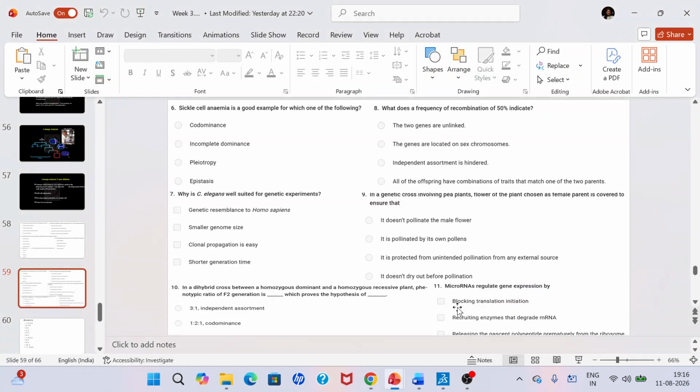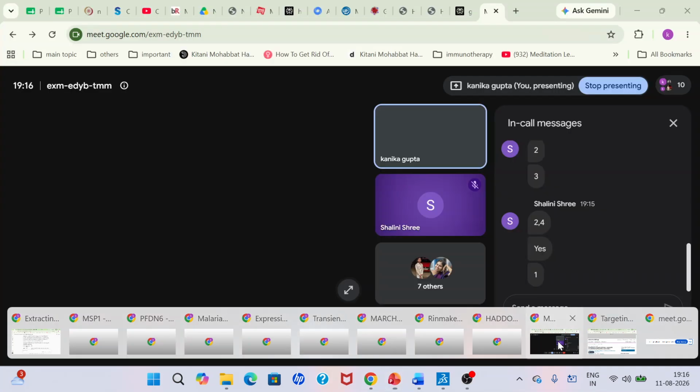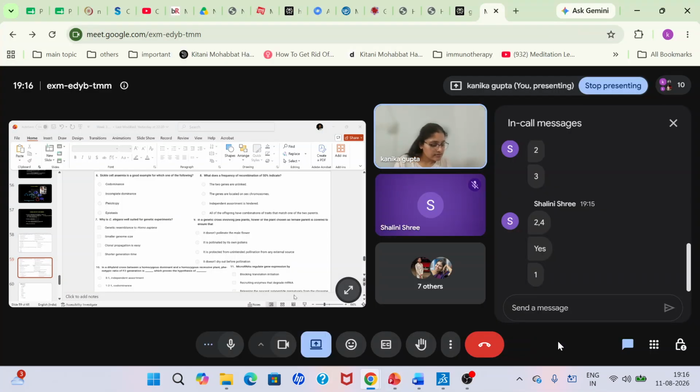Next question. In a genetic cross involving pea plants, the flower of the plant chosen as female parent is covered to ensure that what? Question number 9.